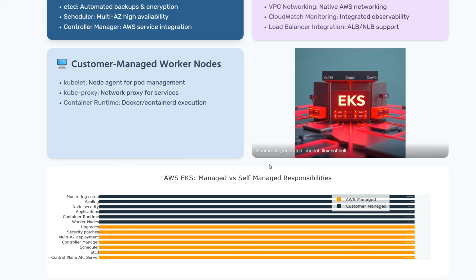But worker nodes, container runtime, application, node security, scaling and monitoring will be managed mainly by the customer. So it's easy to set up, and then you manage monitoring, scaling, node security, application, container runtime, and worker nodes. Everything else will be automatically scaled, and infrastructure is provided by AWS, right?